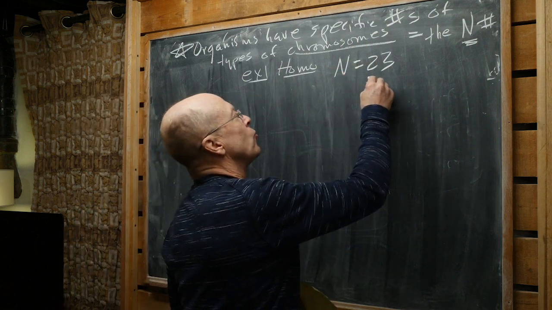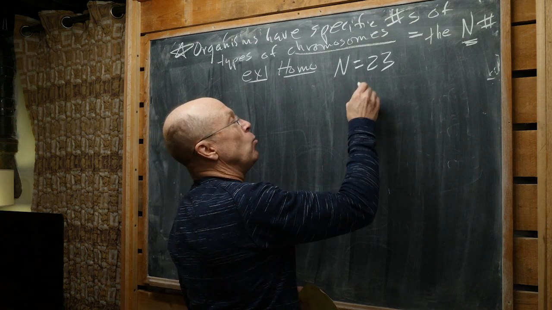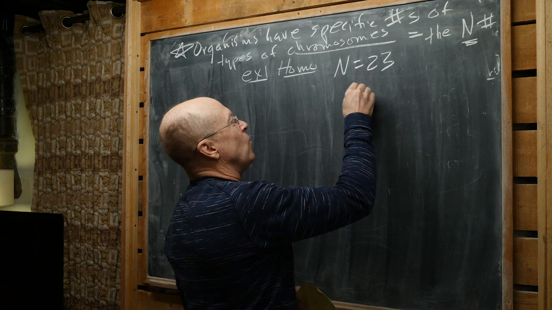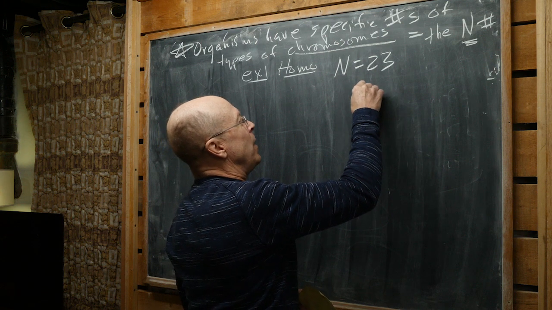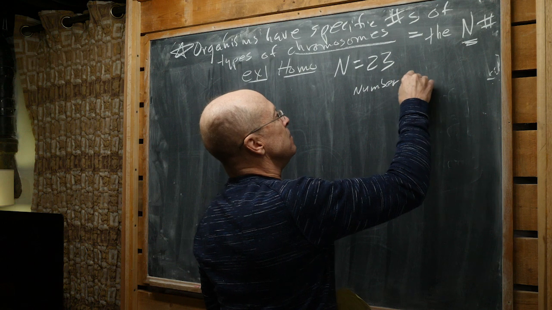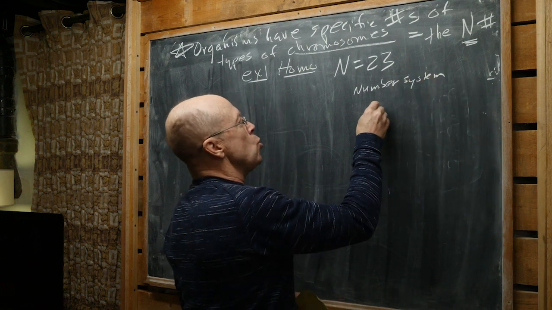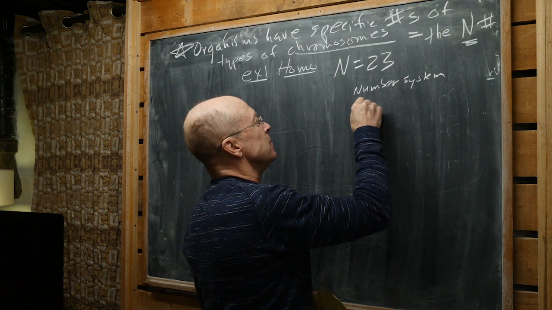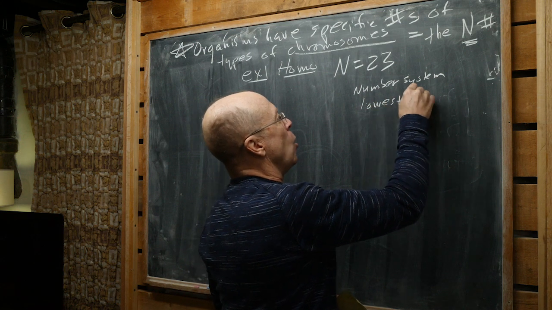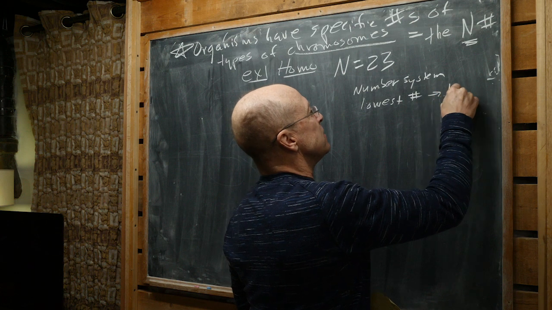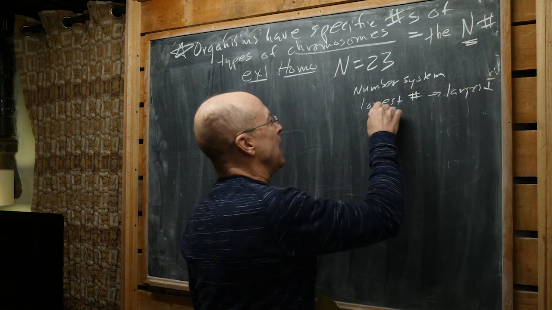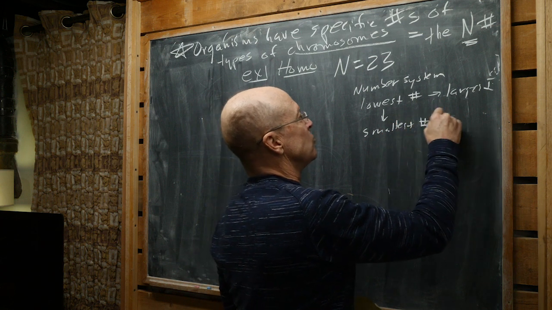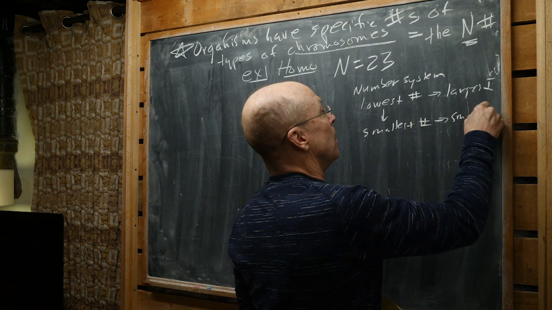Some of you might even further know that within the chromosome systems we have a number system, and a general rule for the number system is that the lowest number is the largest, and then down to the smallest number will be the smallest chromosomes.